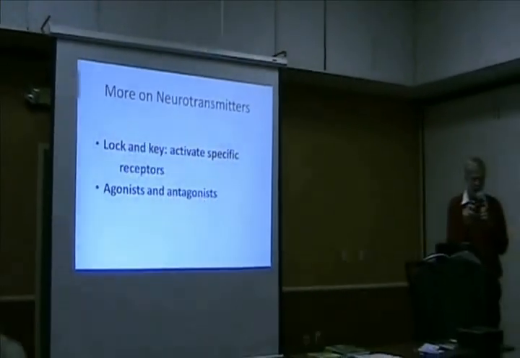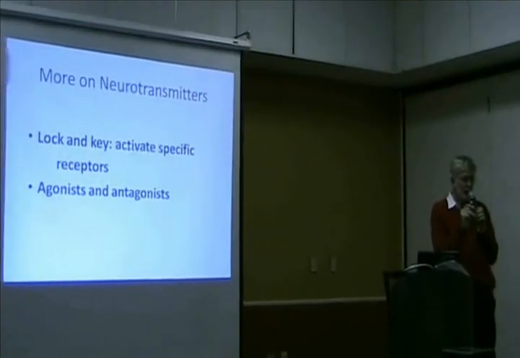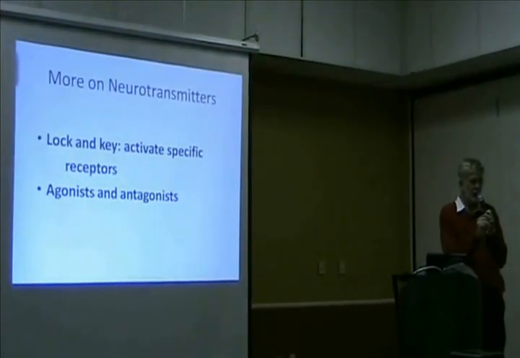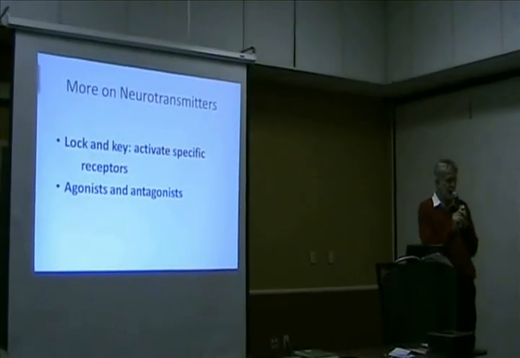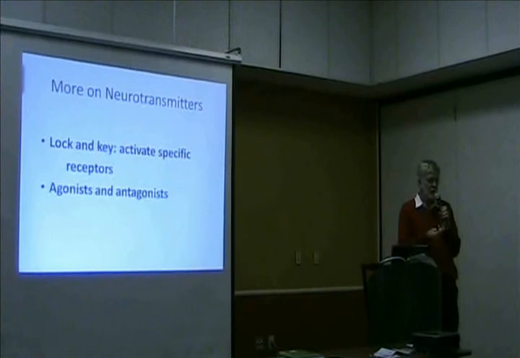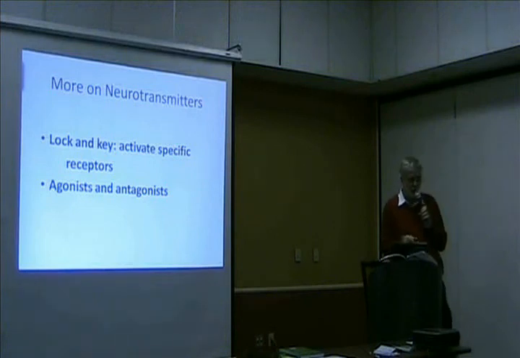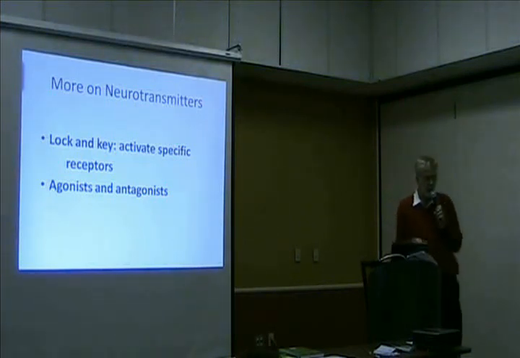So let's say you have a dopamine receptor, and now there's a dopamine molecule, and it binds to that and activates it. In a sense, the key goes in and unlocks the lock, and then the receptor does its job. Most of the time, it affects a metabotropic receptor, sometimes an ion channel.